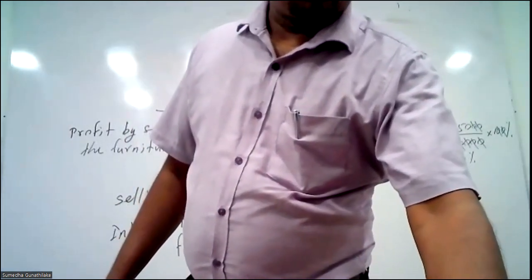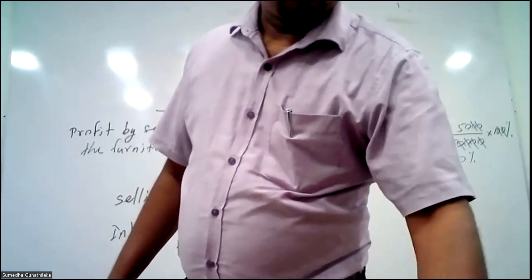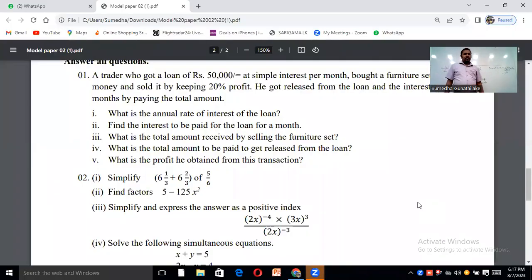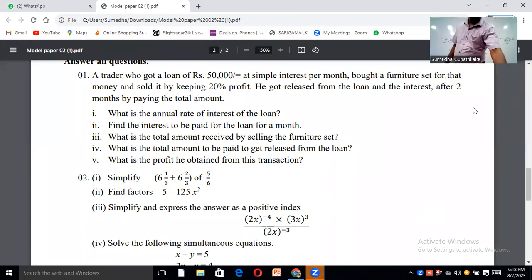Simple interest per month. That is 10% interest per month. Now you have to find the annual rate of interest for the loan.